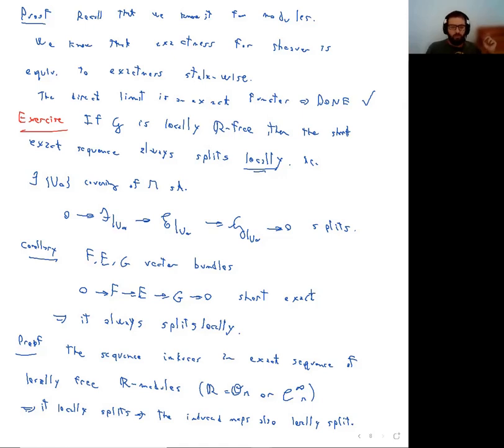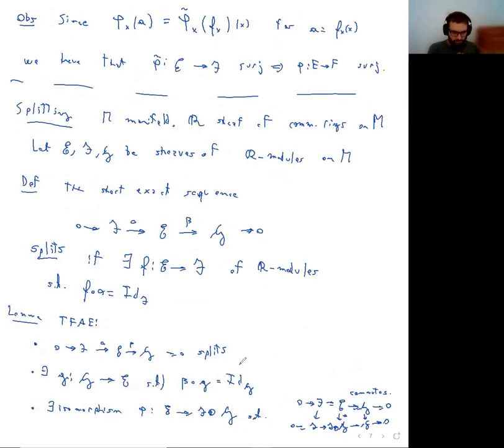But first of all, we didn't define what it means to split for sheaves, right? We only defined it for short exact sequences of modules. Yes, and once you define it, you have to.